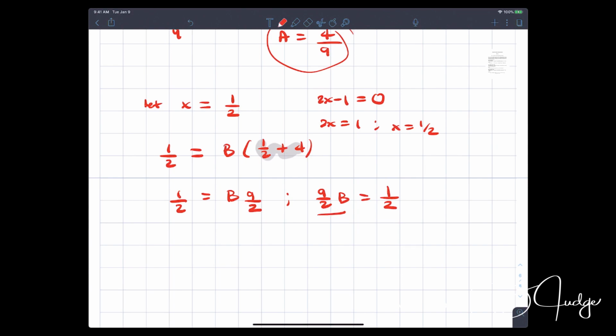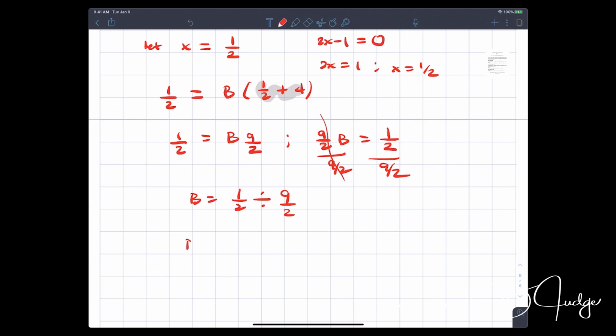Now we can divide both sides by 9/2 to isolate the b. So we'll get b will be 1/2 divided by 9/2. Or we can say b here will be 1/2 times 2/9, or b will be 1/9.